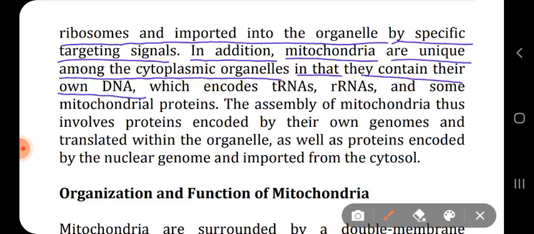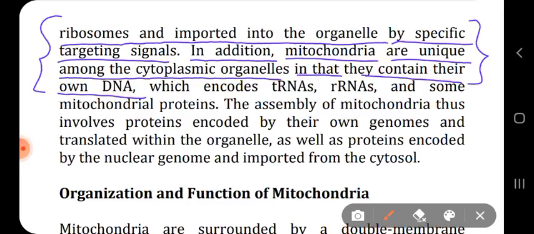As per the endosymbiotic theory, which we have learned in our junior classes, mitochondria was found to be an organism which came into contact with our eukaryotic cells, got inserted by the process of endocytosis, and during the course of evolution became a part of the cell as an organelle. So that's why mitochondria have their own DNA.